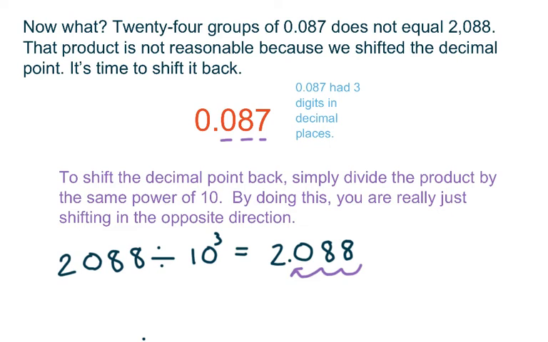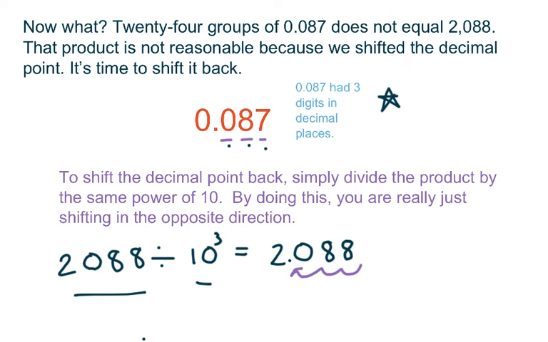So now what? 24 groups of 87 thousandths does not equal 2088. That product is not reasonable because we shifted the decimal point. It's time to shift it back. If 87 thousandths has 3 digits in the decimal places, 1, 2, 3, that means to shift the decimal point back, we simply divide this product, 2088, by the same power of 10, or 10 to the power of 3.